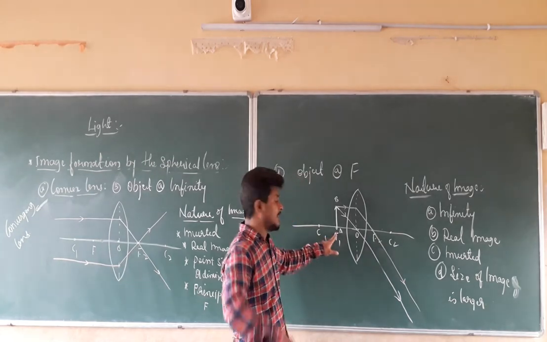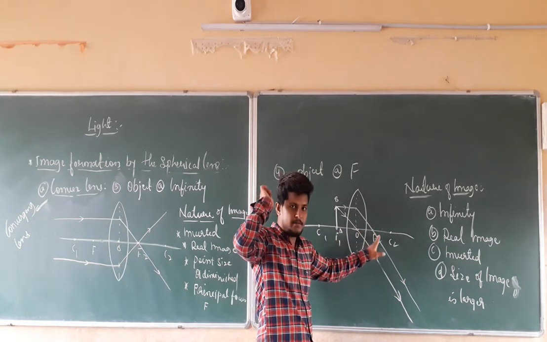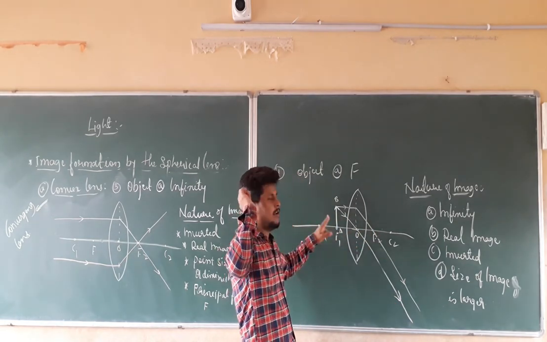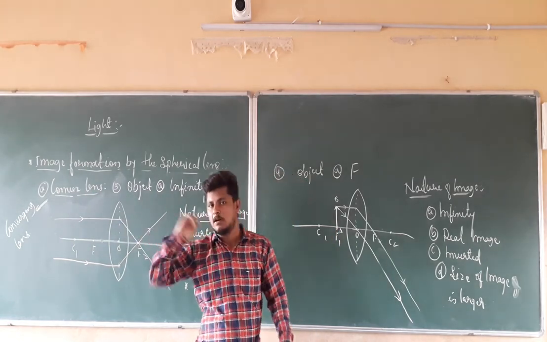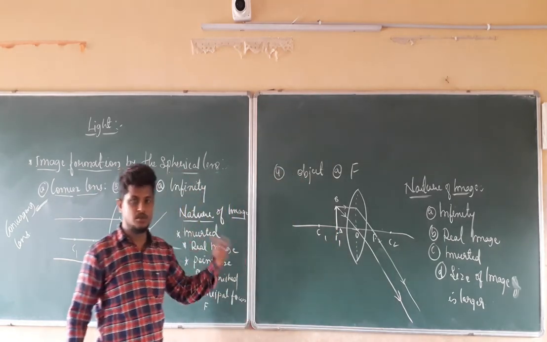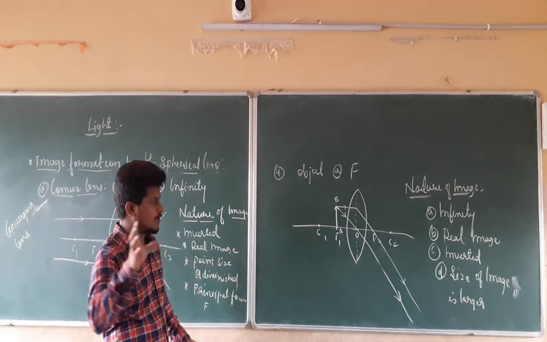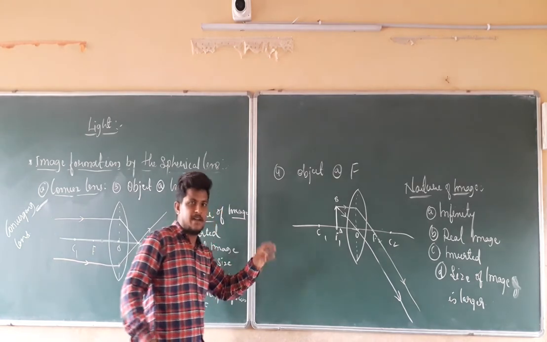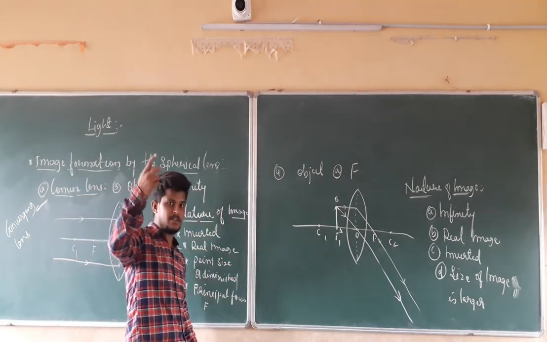If I keep the object at infinity, the image will be at F. If I keep the object at F, the image will be at infinity. So we come to the conclusion that the ray diagrams are vice versa. The first ray diagram is the vice versa of the second ray diagram.